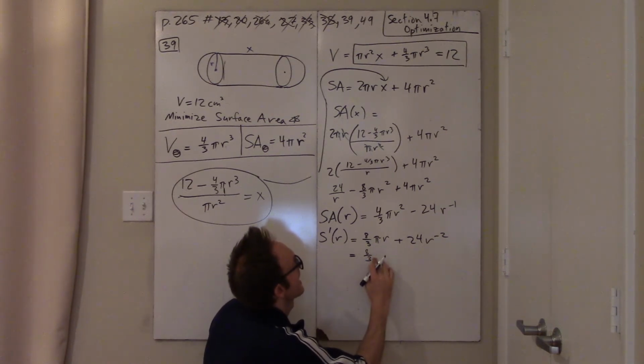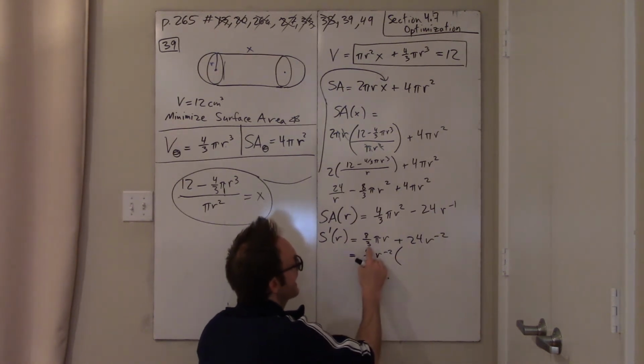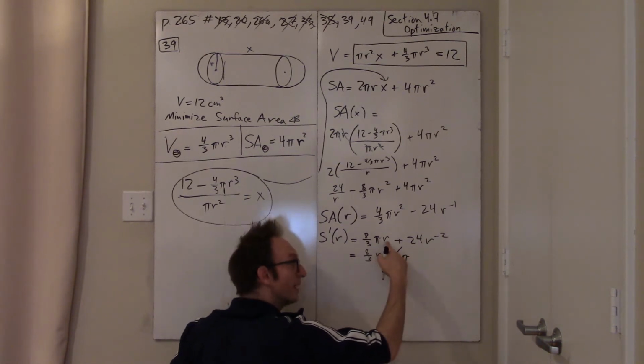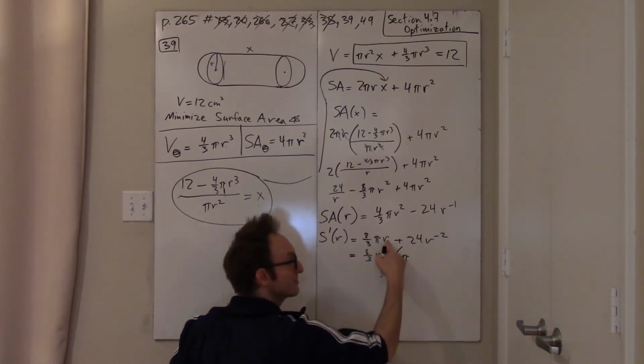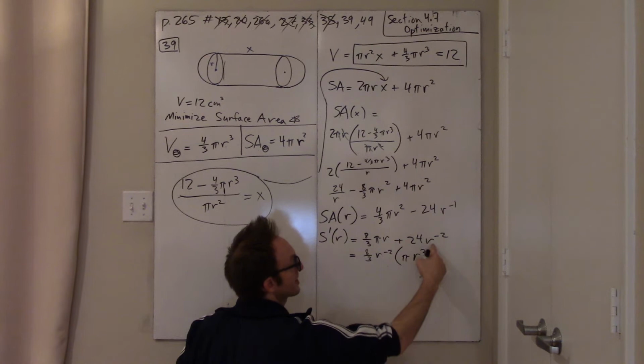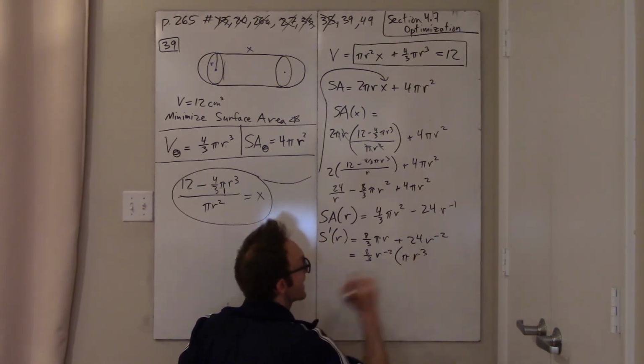This level of algebra is maybe not totally necessary, but by taking out the 8/3 I'm left with a pi here, and by taking out r to the negative 2 from r, I'm left with r cubed. And here, I took out the r to the negative 2, so 8/3 times what is 24? Answer: 9.